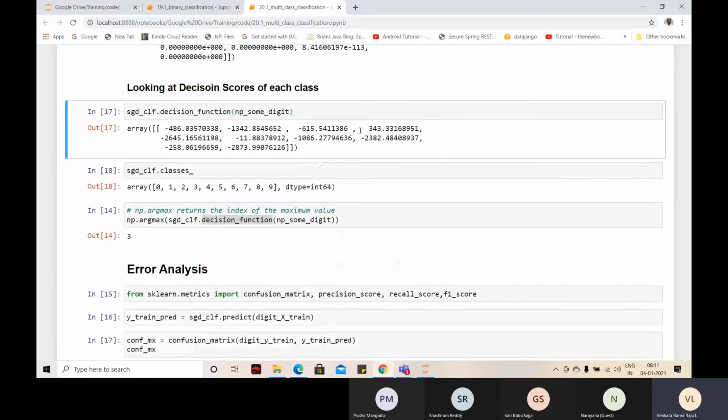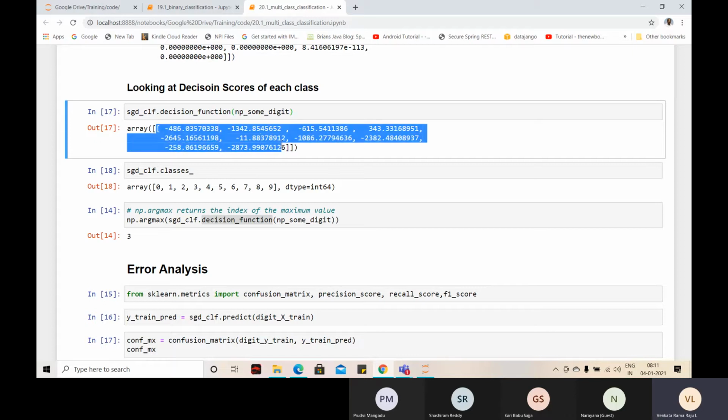Because the record should belong to that one class, right? Sometimes it may give a value close to zero also. See this here? This is minus 11. Sometimes it may come even closer, maybe 0.something also can come. But argmax will make sure of the prediction. Sometimes the probability of a particular class is going to be 0.7, and the total probability should be 1, right?